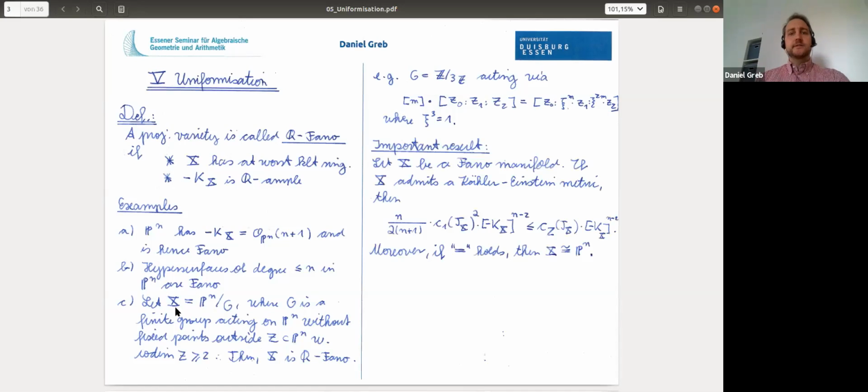Okay, and Henri already told you that if there is a Kähler-Einstein metric, you have this so-called Miyaoka-Yau inequality in the Fano case. And it reads like this: n divided by 2n plus 1, and then c1 squared times (-K_X)^(n-2) is less than or equal to 2 times c2 times (-K_X)^(n-2).